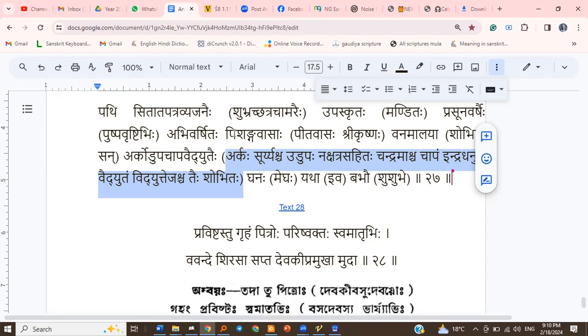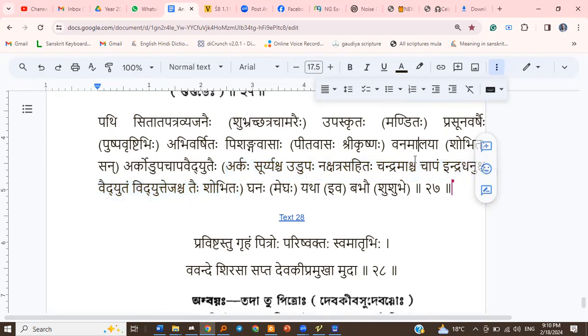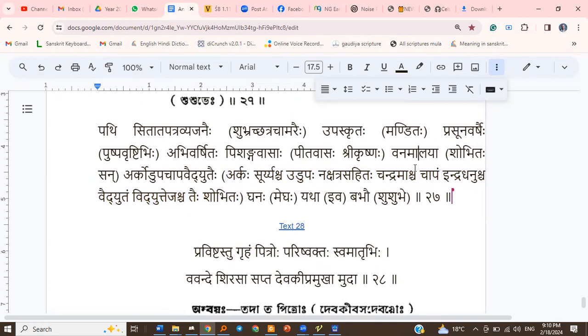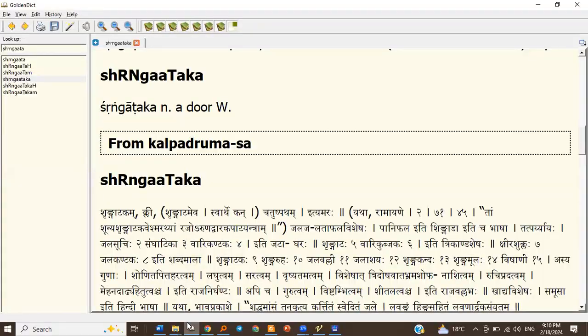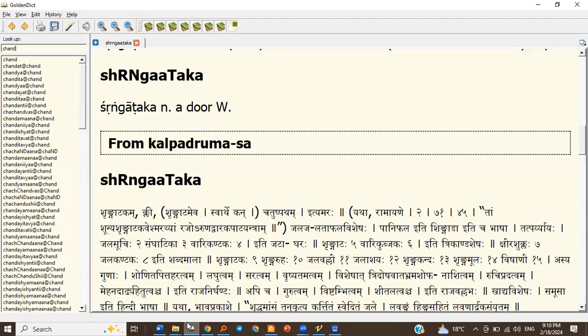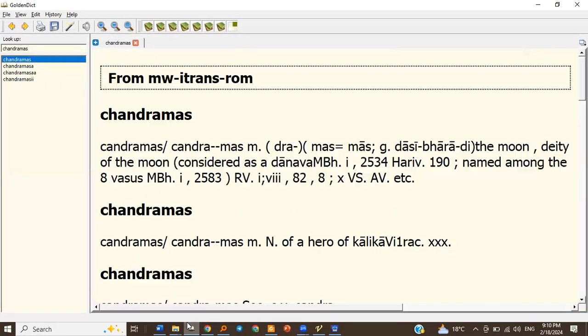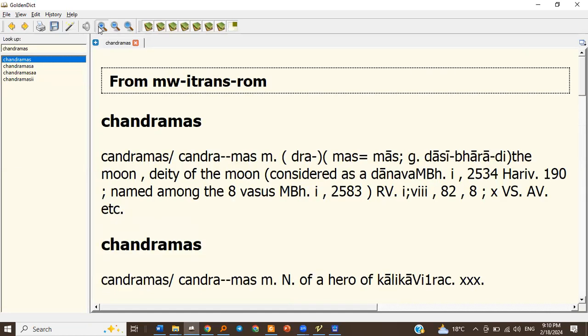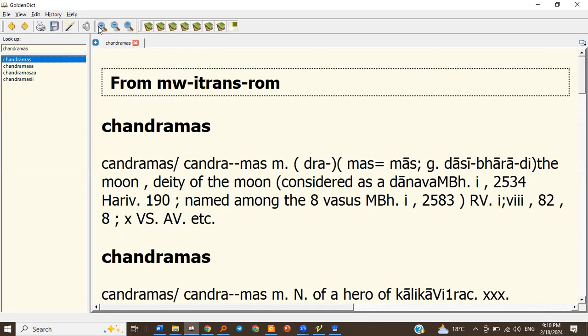So Chandrama is the Tritiya of Chandra, or how is it? Okay, so the word is Chandramas. The Pratipadik is Chandramas, and the one form would be Chandrama.